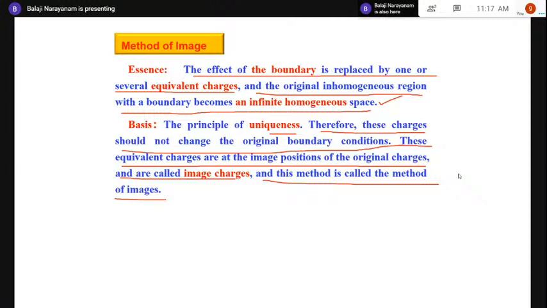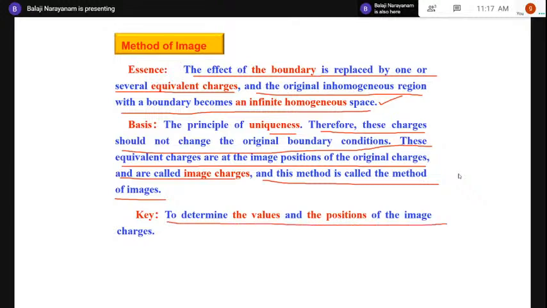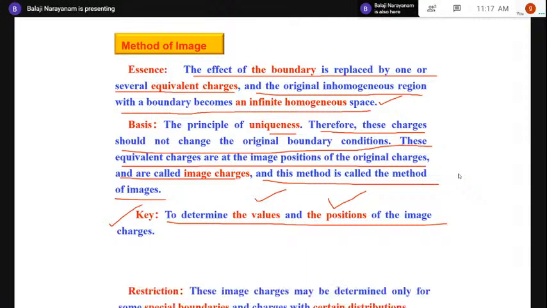So let us try to understand this method of images. Okay, the key is to determine the values and the positions of the image charges. So the concept of method of images is required for solving this problem. Hence, we are additionally learning this concept of method of image.